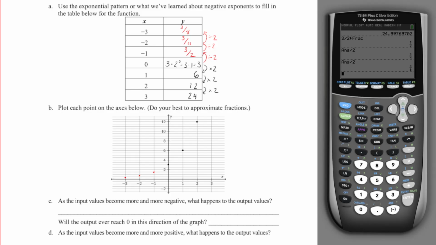It starts out real small. And then as x is getting bigger, y isn't just getting bigger, y is getting bigger faster and faster.